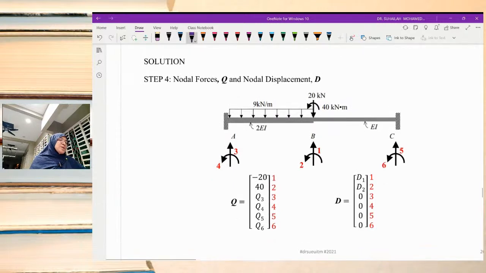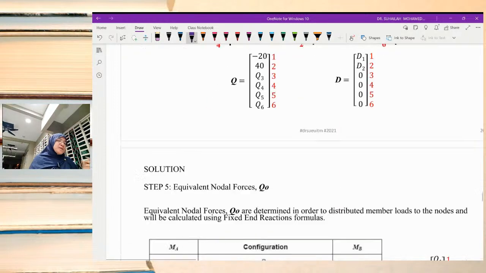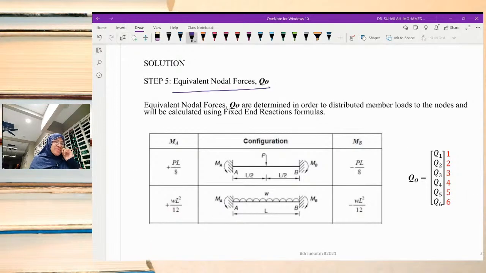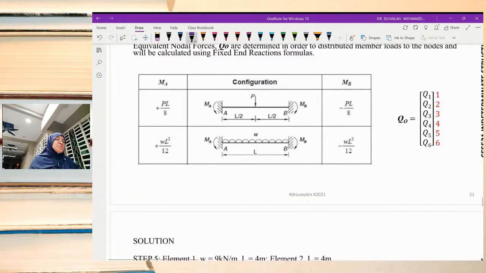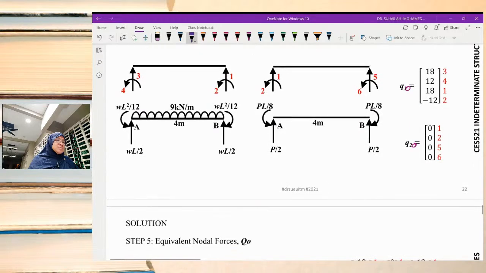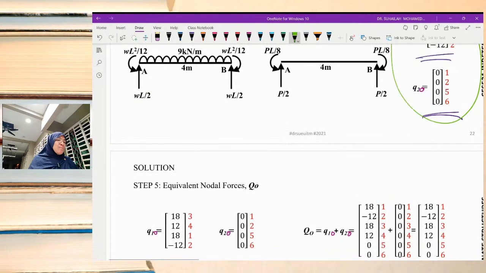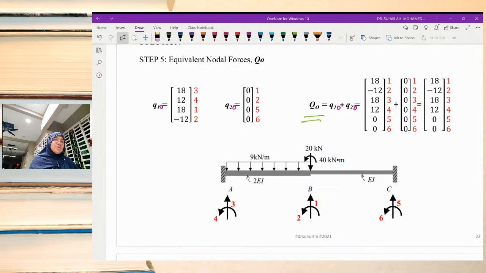And then we define the nodal displacement and nodal forces. We must look at the information given in the question, and then we produce the equivalent nodal forces using the fixed end reaction formula. We get Q1 naught and Q2 naught, which combine to have Q naught.